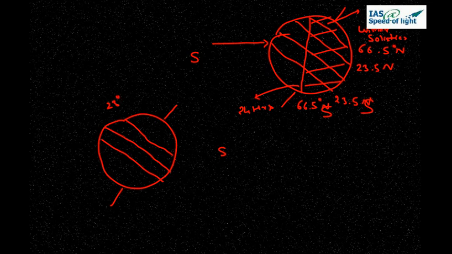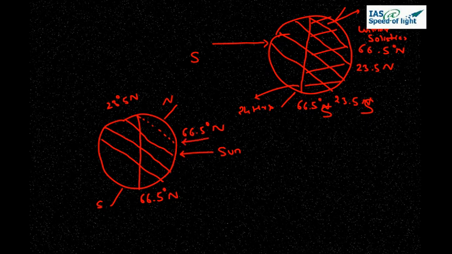Now here this is the summer solstice, which is summer for the northern hemisphere, and the northern hemisphere is tilted towards the sun. So here we have direct rays of the sun falling on 23.5 degree north, and here we have again that imaginary line, which is 66.5 degree north, and from 66.5 degree north to 66.5 degree south, it again becomes the extent for the oblique rays, and beyond that we have darkness.